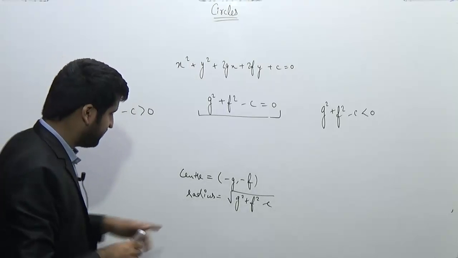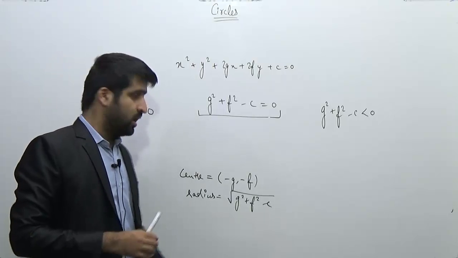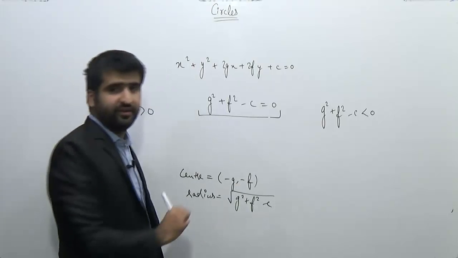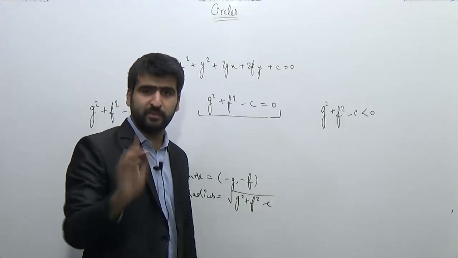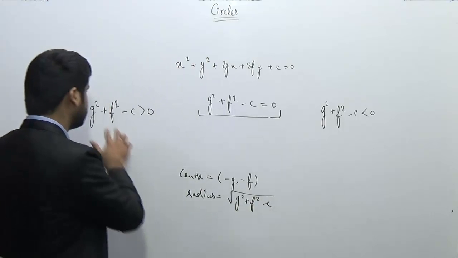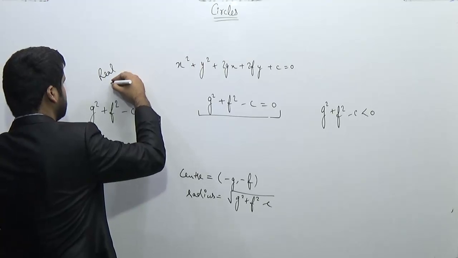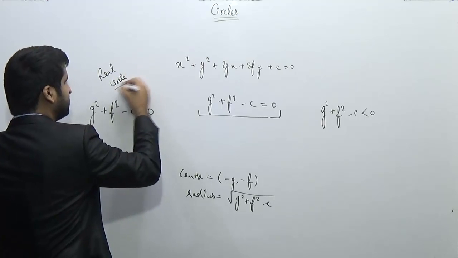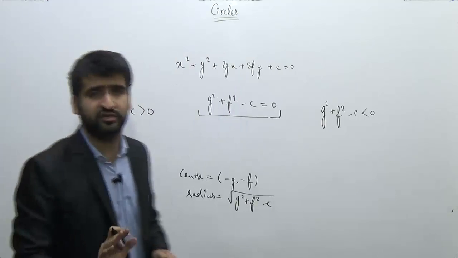Now see, the radius of the circle is given by under root g square plus f square minus c. For a real value of radius, the term inside the square root should always be positive. Therefore, this value has to be positive always if I have to see a real circle. So this is the basic condition of a real circle, that g square plus f square minus c is always greater than 0.